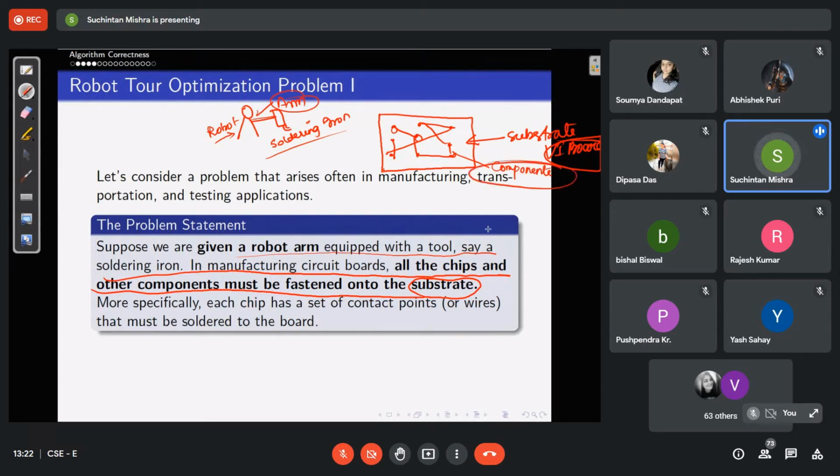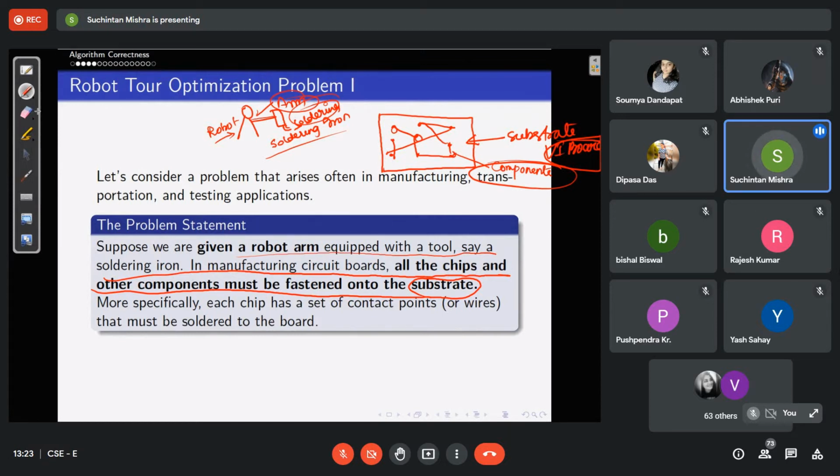These components have to be placed in the board through the process of soldering. That is why we use a soldering iron. If you imagine the volume of circuits that are produced, it will be huge, so doing it manually will take a lot of time.